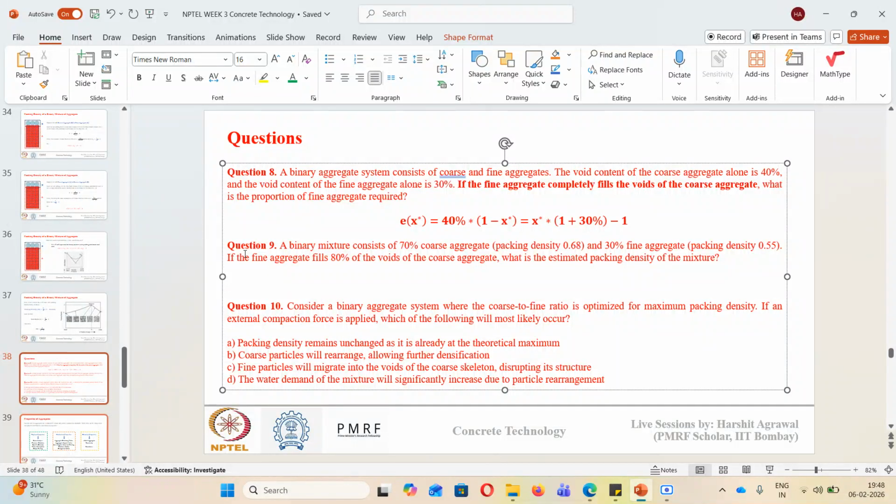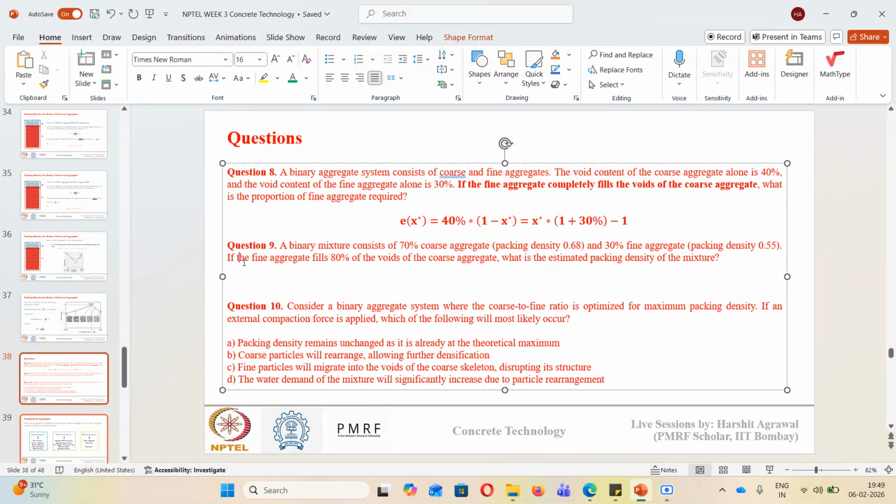Can anyone give it a try for question number 9 and 10 also? In question number 10, there are 70% coarse aggregate, which has a packing density of 0.68, and 30% fine aggregate, which has a packing density of 0.55, and this is a binary mixture.